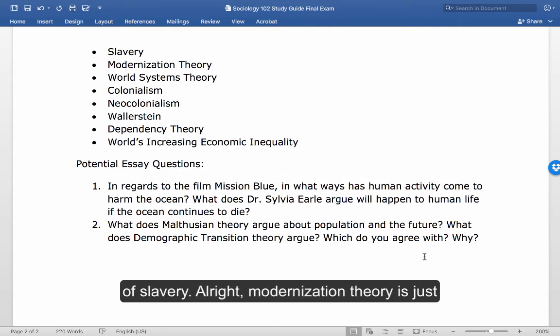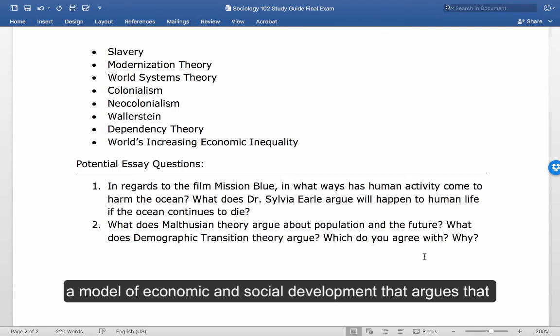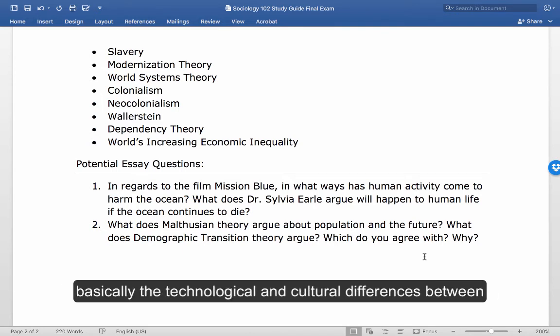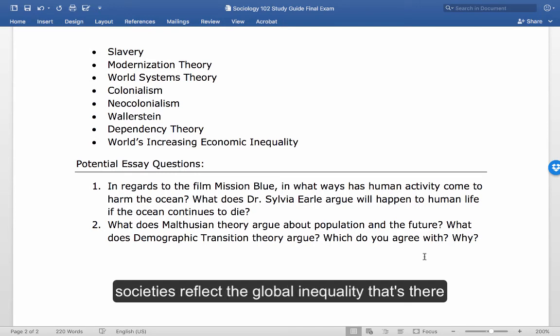All right. Modernization theory is a model of economic and social development that argues that the technological and cultural differences between societies reflect the global inequality that's there.